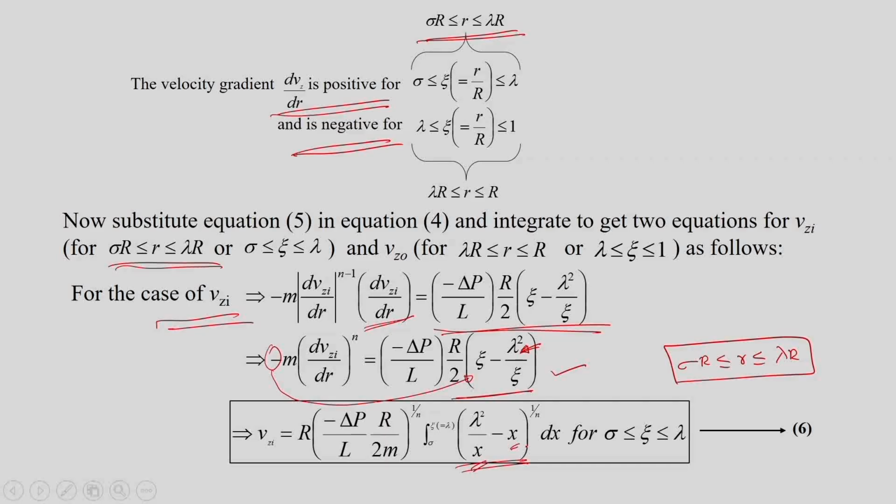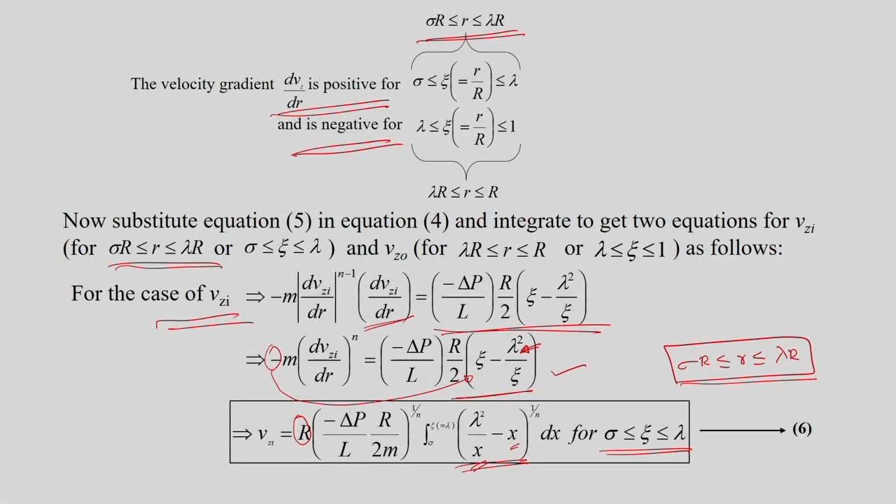So, let us define a dummy variable x, having a similar form, where zeta is equal to small r by capital R. So, there is an additional R here, right. This velocity profile is valid for this region.